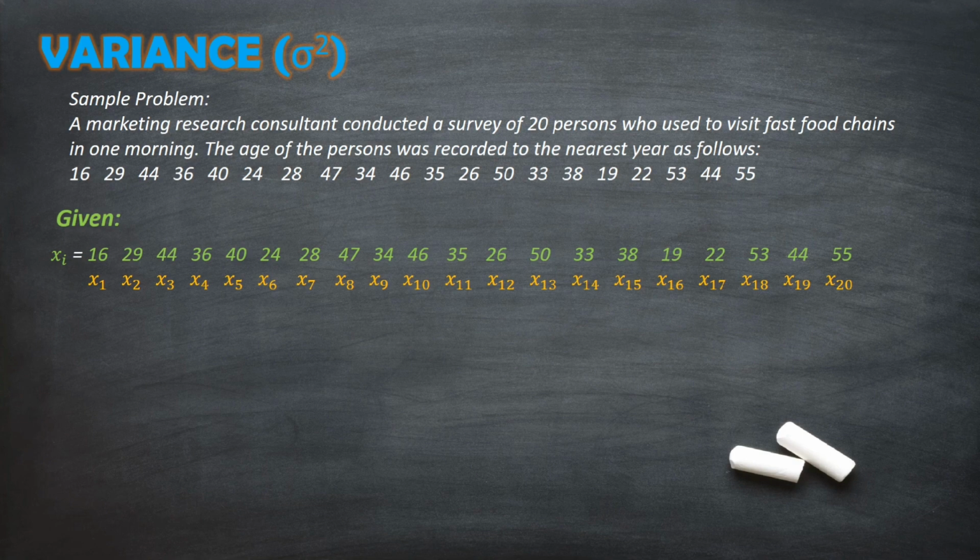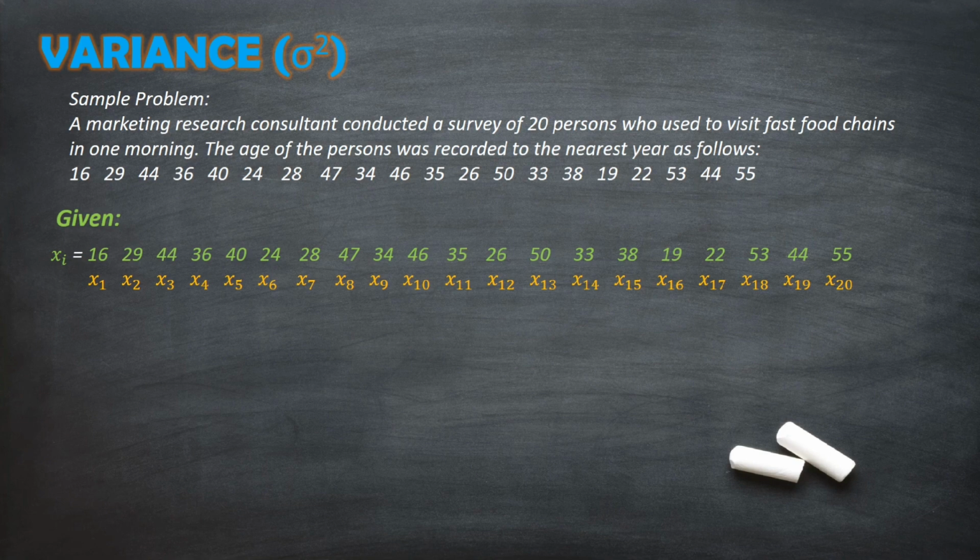So first is 16, then x sub 2 is 29, x sub 3 is 44, x sub 4 is 36, x sub 5 is 40, x sub 6 is 24, x sub 7 is 28, x sub 8 is 47, x sub 9 is 34, x sub 10 is 46, x sub 11 is 35, x sub 12 is 26, x sub 13 is 50, x sub 14 is 33, x sub 15 is 38, x sub 16 is 19, x sub 17 is 22, x sub 18 is 53, x sub 19 is 44, and x sub 20 is 55.